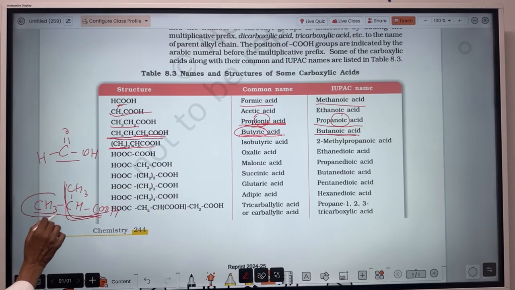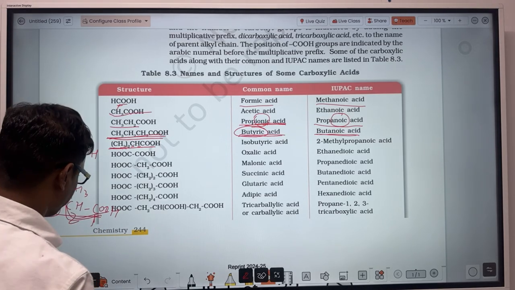And the methyl group is a substituent. Basically this carbon of the functional group will get first position, then second position, third position. So the methyl group is at the second position. That's why it will be called 2-methyl propanoic acid. So the IUPAC name will be 2-methyl propanoic acid.